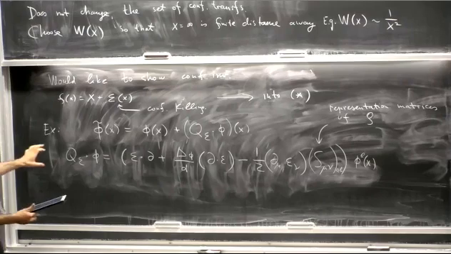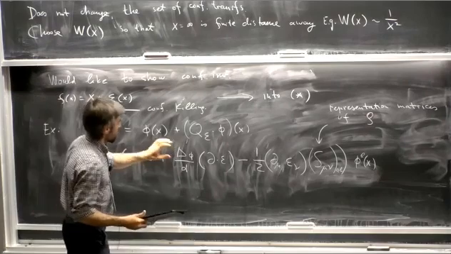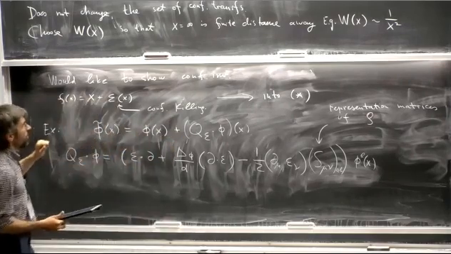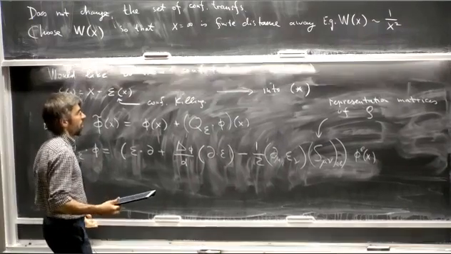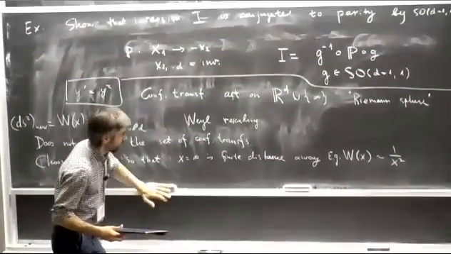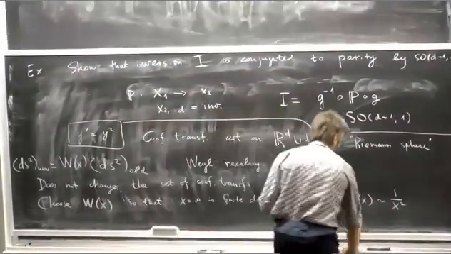Now this is an exercise. So this is the infinitesimal transformation, and if we know the infinitesimal transformation, we can of course write down the invariance property in the following form.